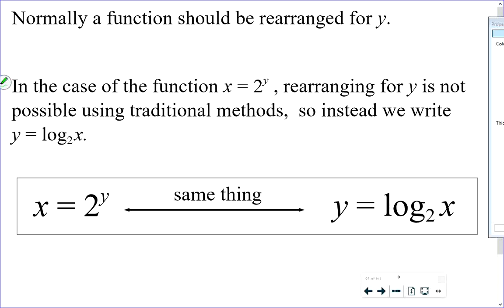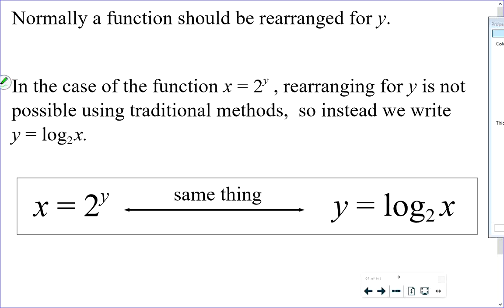But x equals 2 to the y can be rearranged for y by writing what I have on the right. And there's lots of ways to pronounce it, but one of the ways is to say y equals the base 2 logarithm of x. What does y equals the base 2 logarithm of x mean? It means x equals 2 to the y.